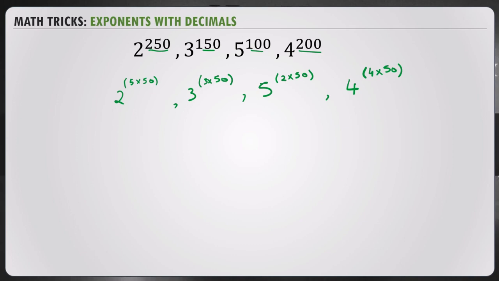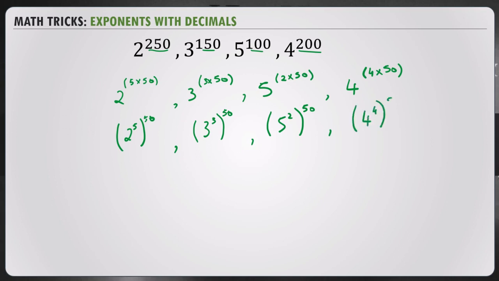Then we write this out as 2 to the power of 5, all to the power of 50; 3 to the power of 3, to the power of 50; 5 to the power of 2, to the power of 50; and 4 to the power of 4, to the power of 50. Can you see it coming out now?